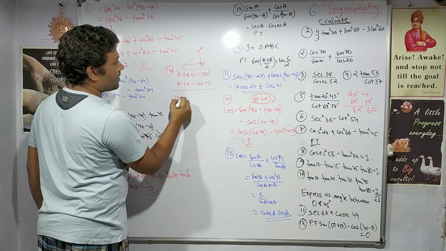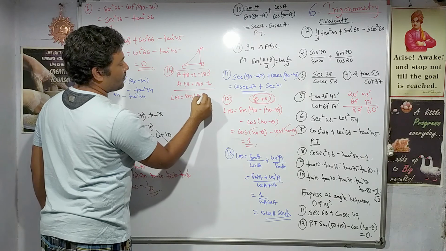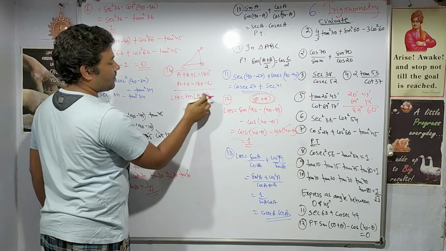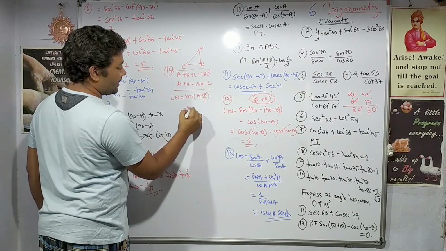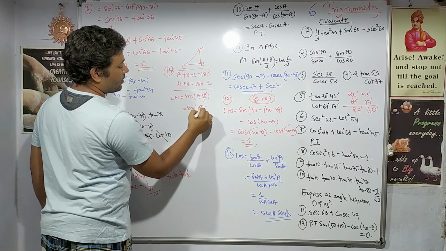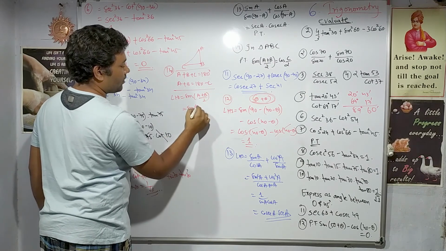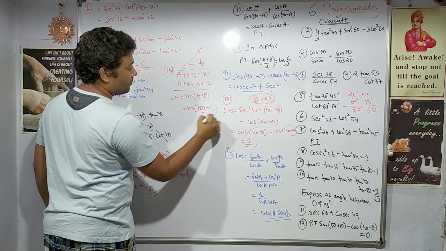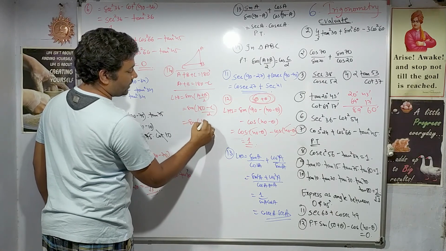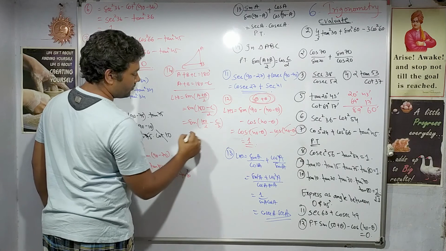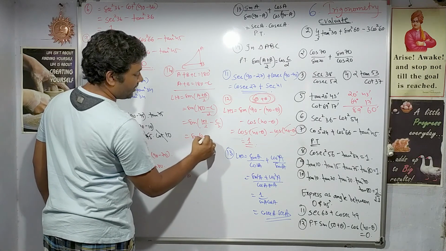So if we take the left hand side, A plus B by 2, what is the value of A plus B? It is 180 minus C. So put it, 180 minus C by 2, 180 by 2, C by 2. 90 minus C by 2.